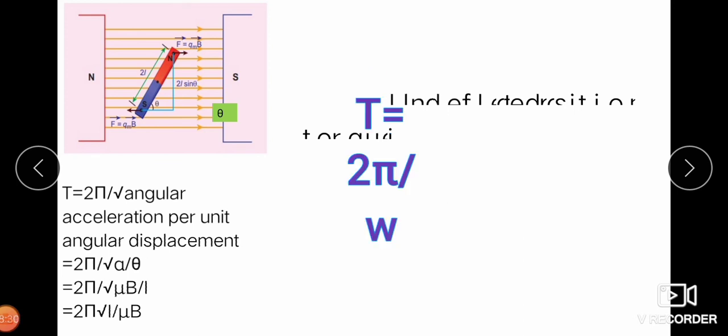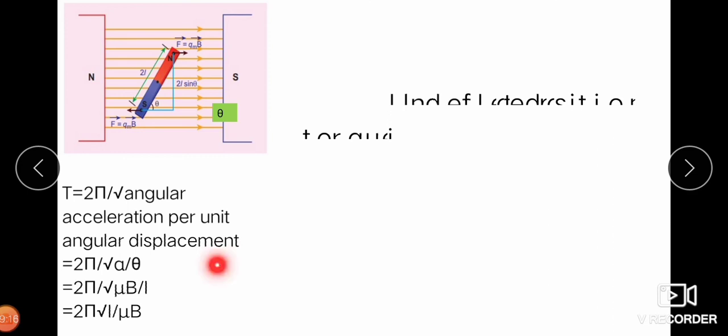We can find the period T is equal to 2 pi upon omega is equal to 2 pi upon square root of acceleration per unit angular displacement. This is equal to 2 pi upon square root of mu B upon I, which is equal to 2 pi into square root of I upon mu B. And hence the period of a magnet in a magnetic field under angular SHM is given by T is equal to 2 pi upon square root of angular acceleration per unit angular displacement.